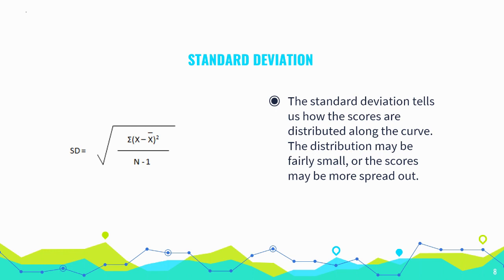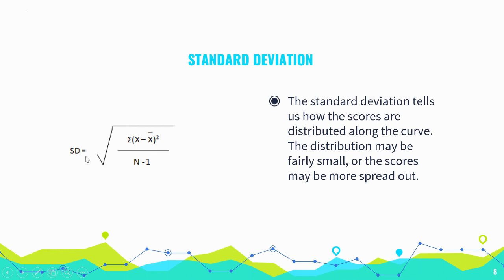Now, here's the formula for the standard deviation. This looks much more complicated, but you'll see that it's just as easy as the mean. I will read the formula to you.